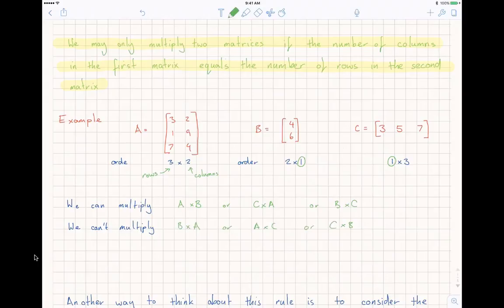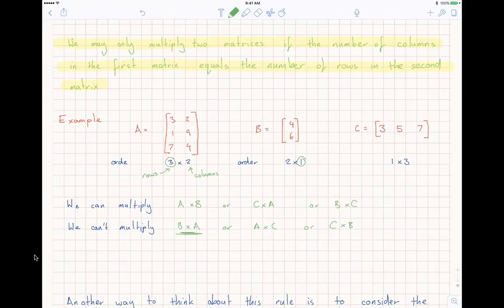Now that's kind of counterintuitive because if we were to multiply, say, the numbers 3 times 2, that would be 6. And we can also multiply 2 times 3, and that would be 6. With matrices, the order of multiplication is very, very important. If we consider multiplying B times A, this time B is the first matrix, and the number of columns in B is 1. And if we multiply that by A, the number of rows in A is 3.